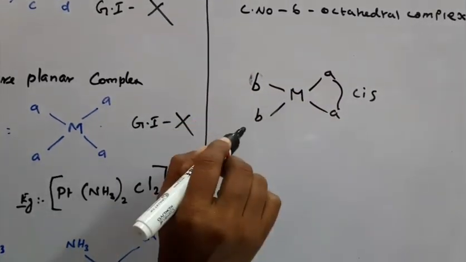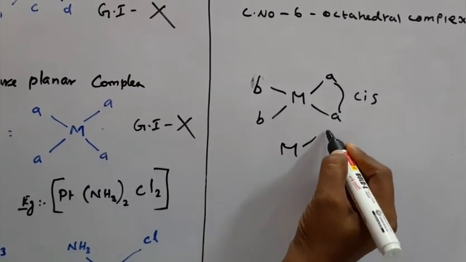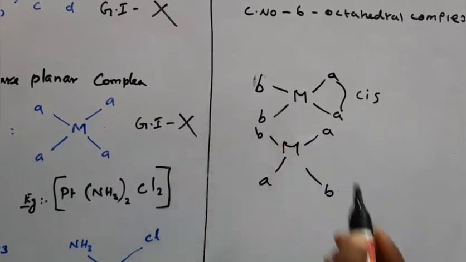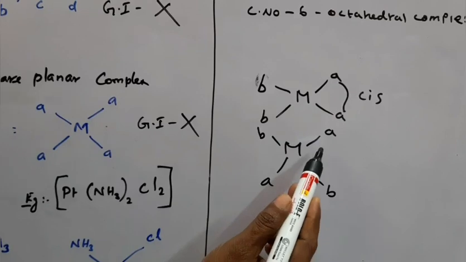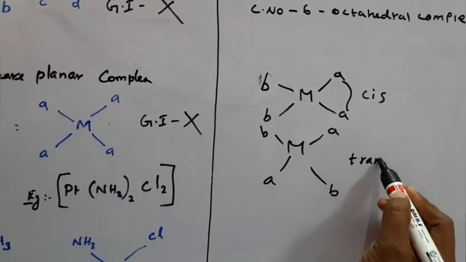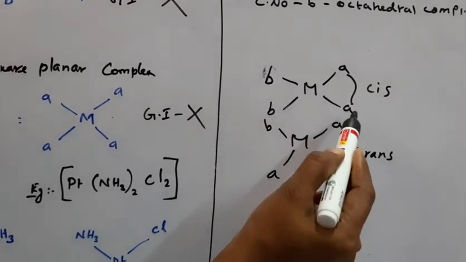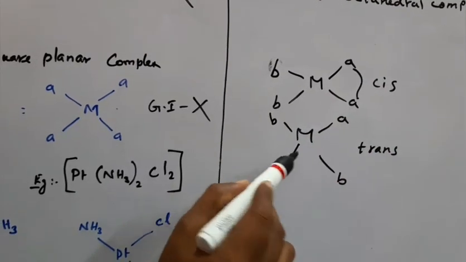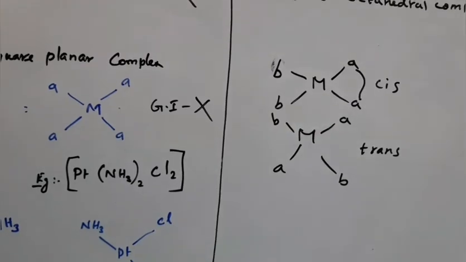At the same time, ligands present in the opposite direction, where this B is across from this B and this A is across from this A, are trans to each other. This is called trans. So when the ligands are present in adjacent positions, that is the cis isomer, and when the ligands are in opposite positions, that is the trans isomer.